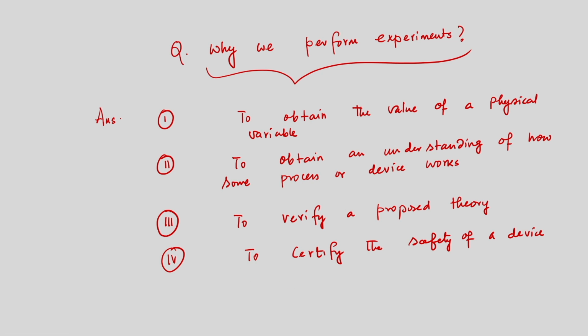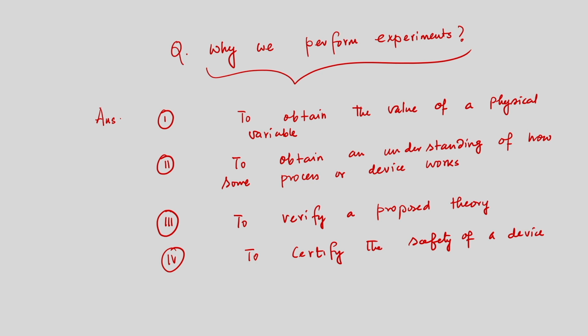So, how can we certify the safety of a device? If we talk about a manufacturing unit, say a manufacturing company is producing one product, before the product is used for practical applications, we need to certify what will be the range of the measurement.